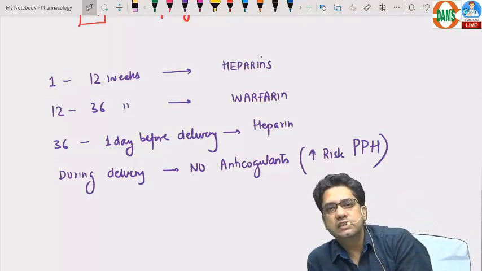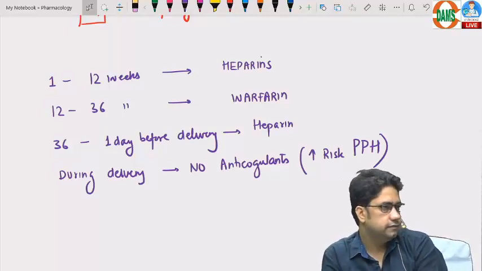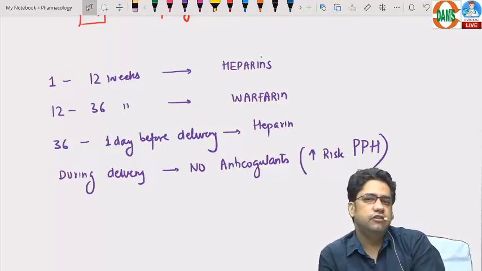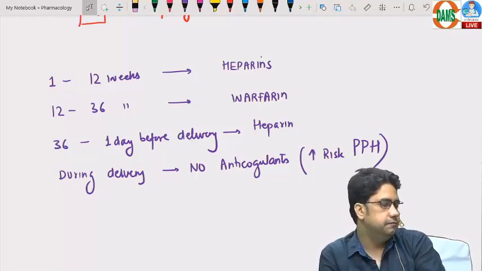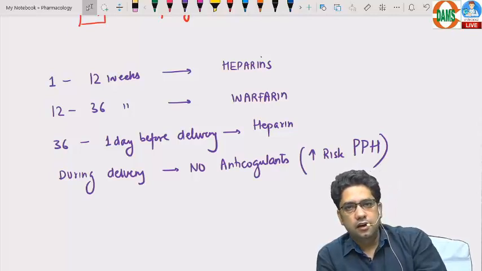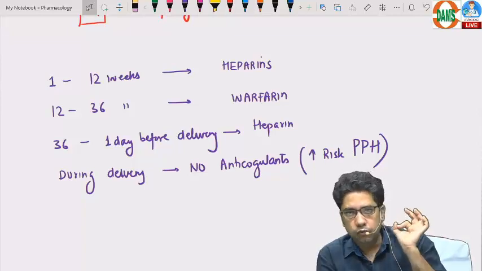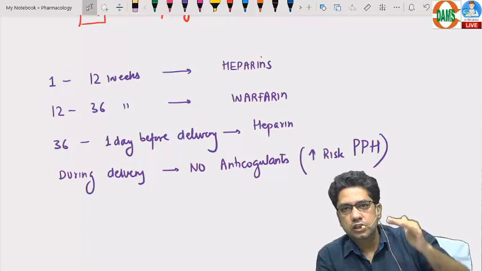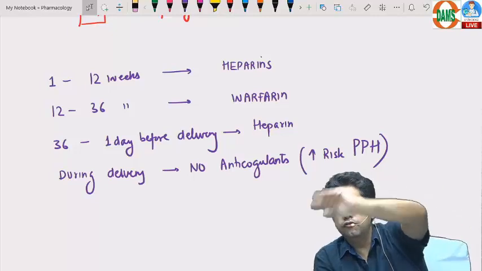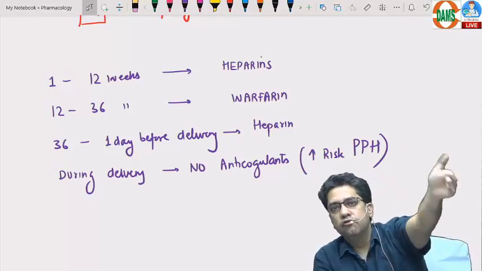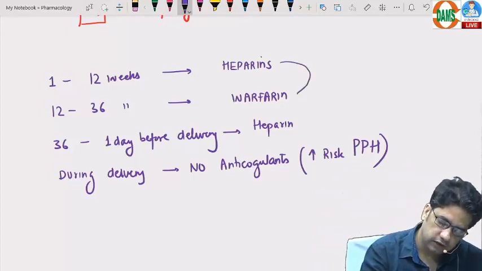Now the question which was asked in the AIIMS November exam: there is a pregnant female who comes to your OBS OPD. At what time, or during which week, will you switch that female from heparin to warfarin?